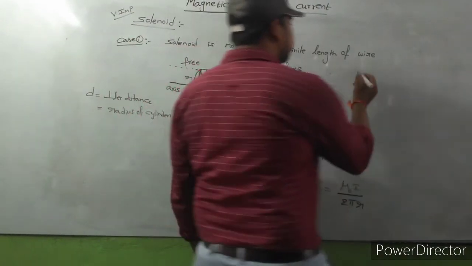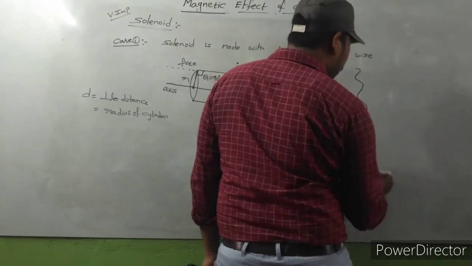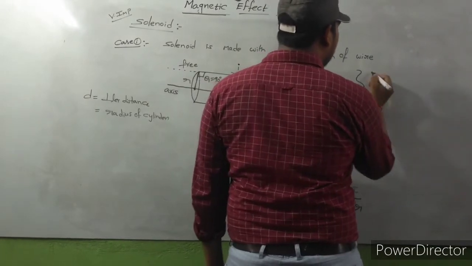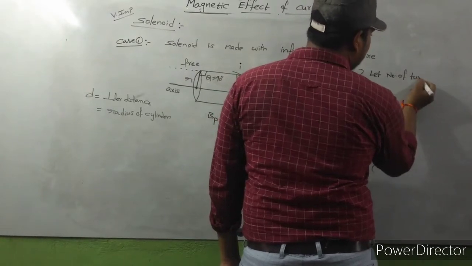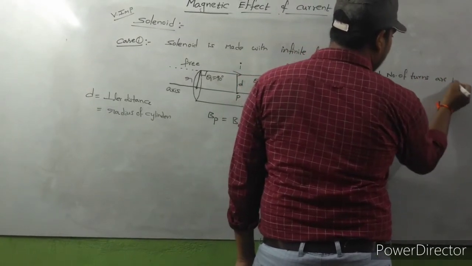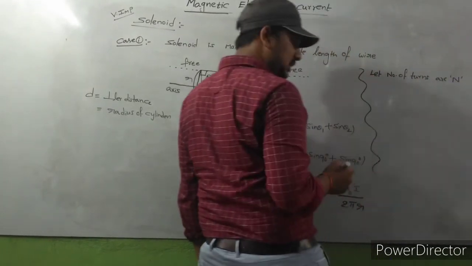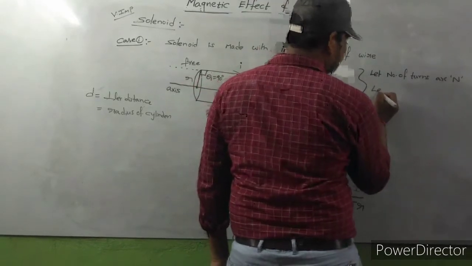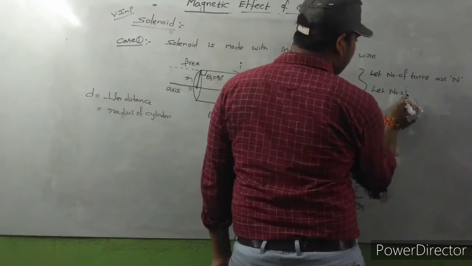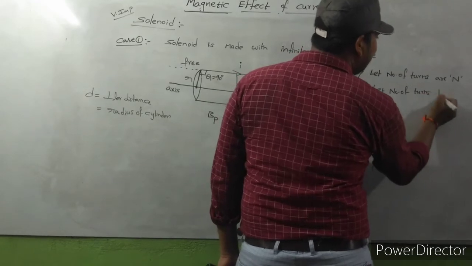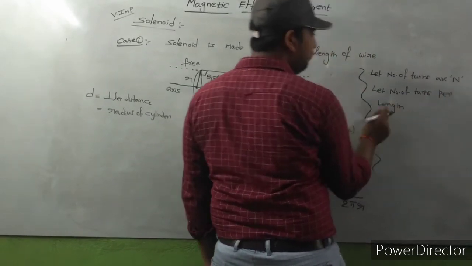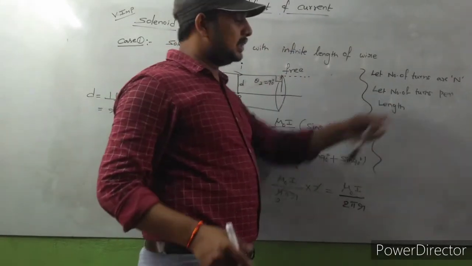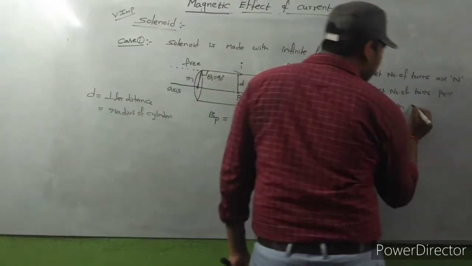So you know already, let the number of turns be capital N. This is very important: let the number of turns per length be indicated with small n.